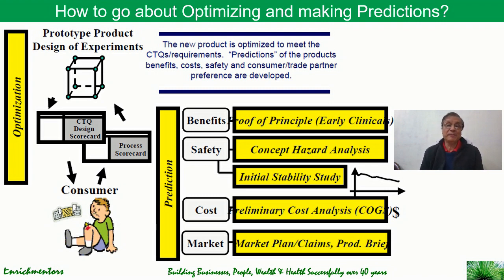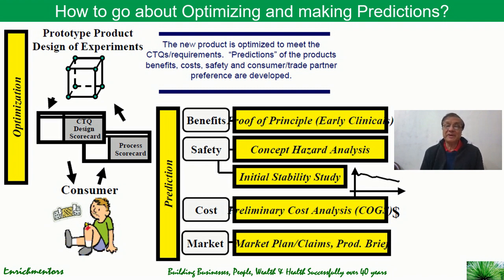So we have a process scorecard, a CTQ design card, process parameters, and product specifications, finalized. What we need to do is validate with the consumer, and this we'll do not in this section but in a subsequent section. We have been optimizing all through, which is what is called concurrent engineering, and we are in the fag end of the process.